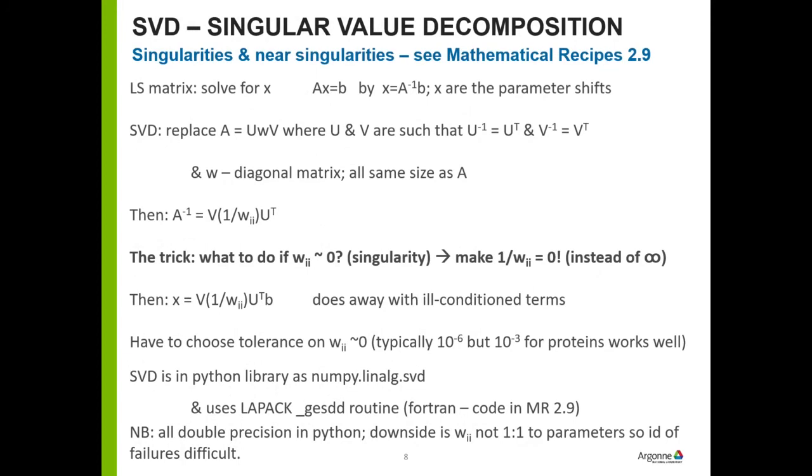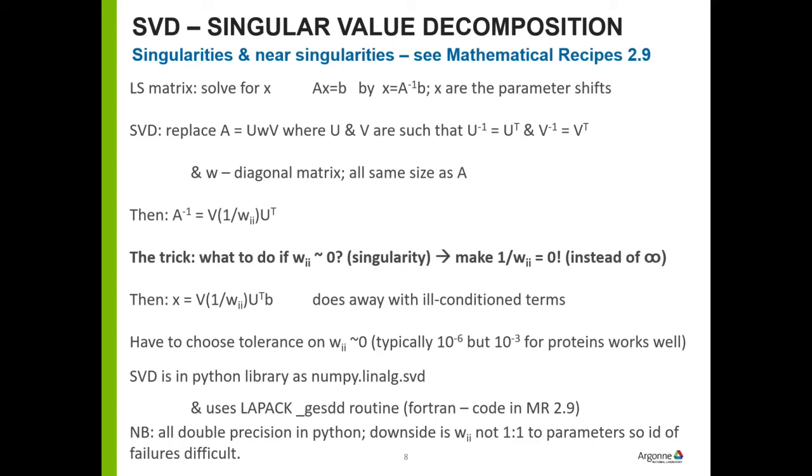Singular value decomposition. If you want to read about this, go see Numerical Recipes in section 2.9. Basically, the problem is you want to solve for x by inverting A. Now, it turns out that for reasons which are not clear to me and not clear to the authors of Numerical Recipes either, there is this little trick, that you can replace A by the product of 3 matrices.